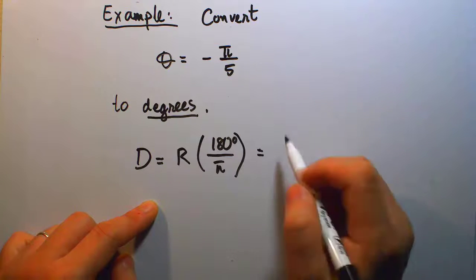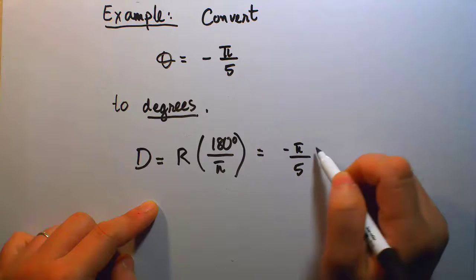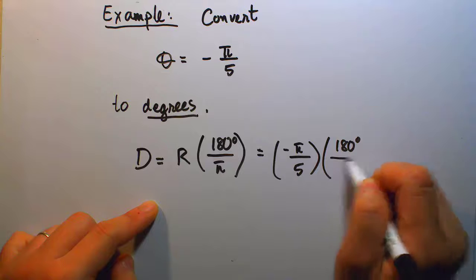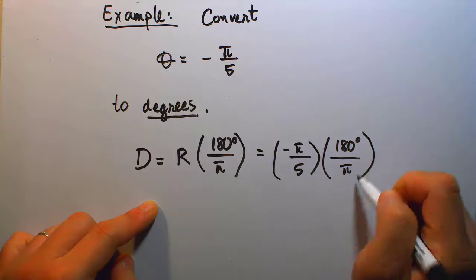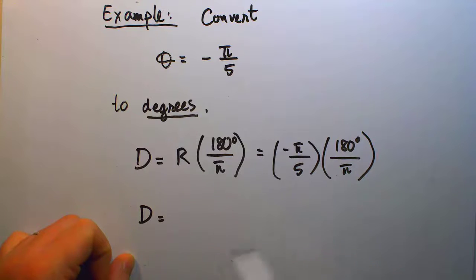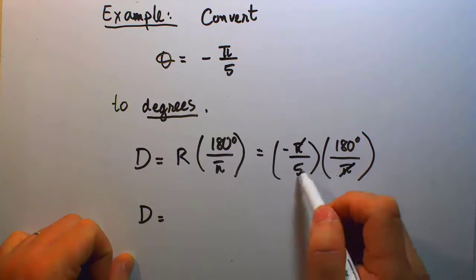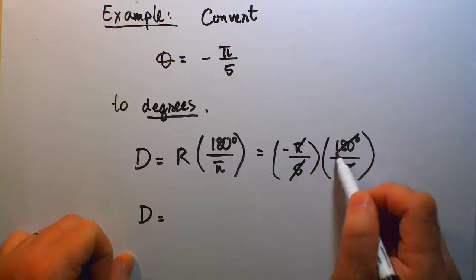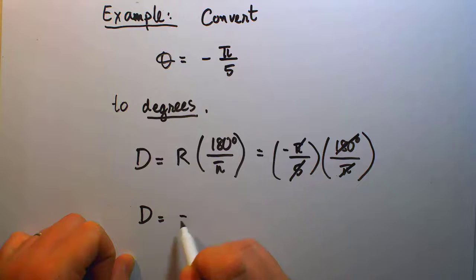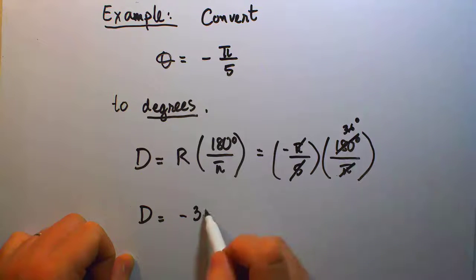So we have negative pi over 5 multiplied by 180 over pi. And so that now cancels out the pi and the 5, and we're looking at the angle being negative 36 degrees.